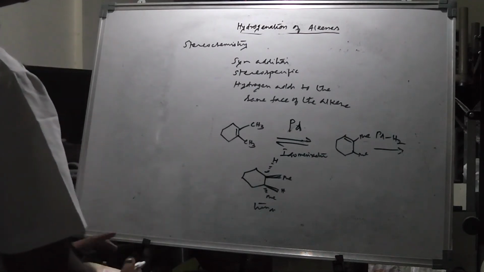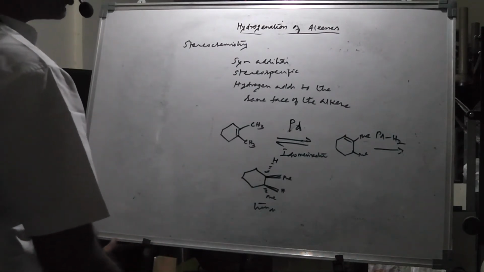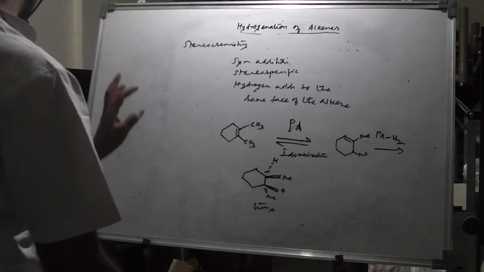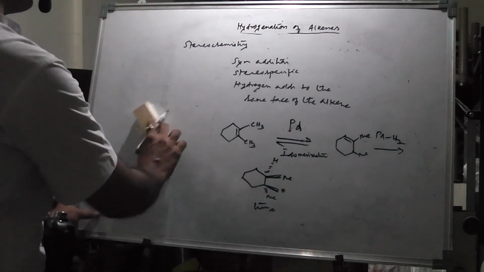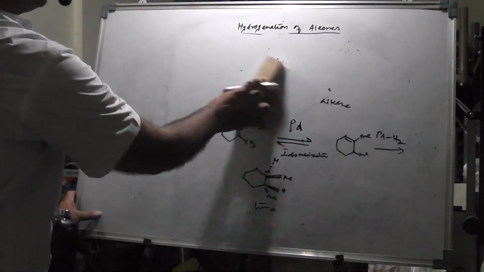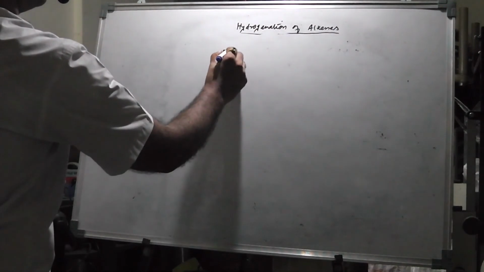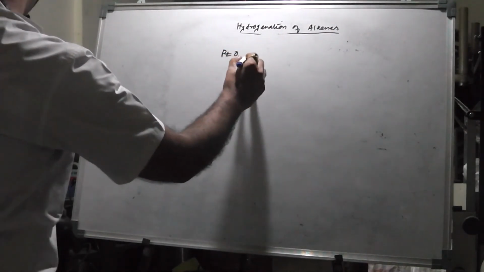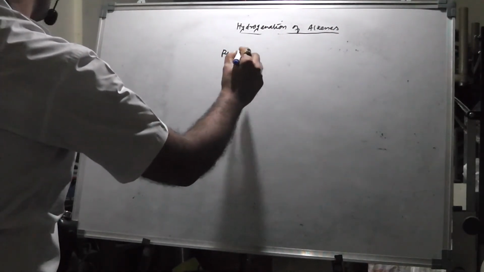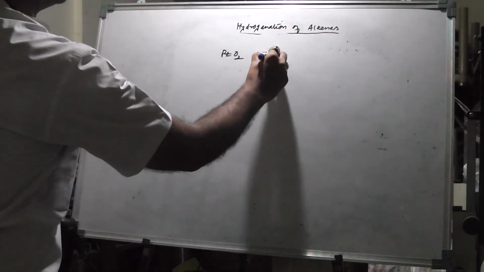Platinum is also used in the form of platinum oxide, PtO2, called Adams catalyst.